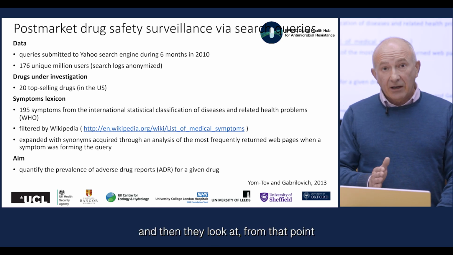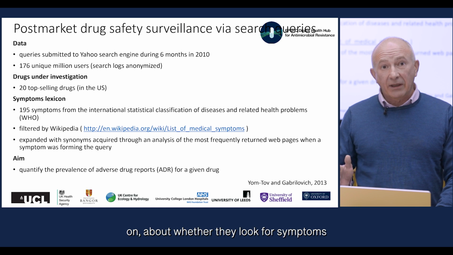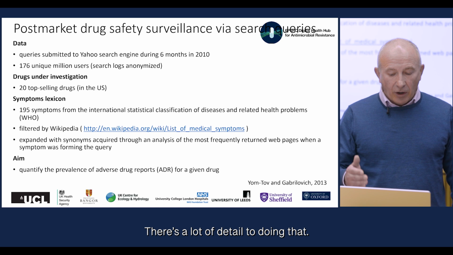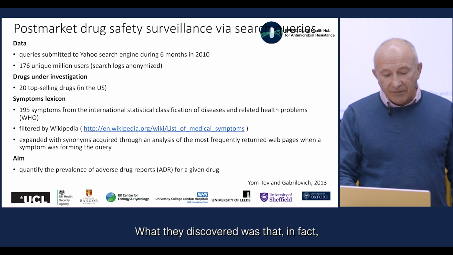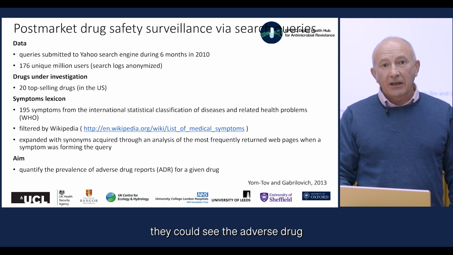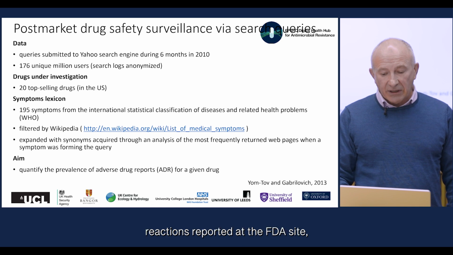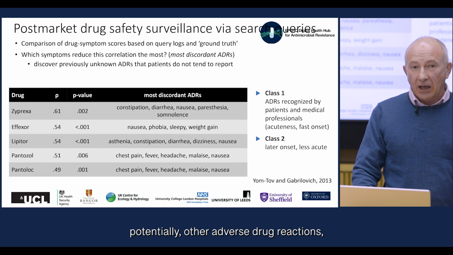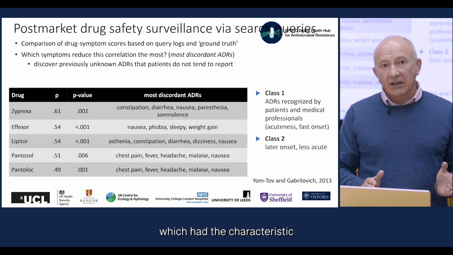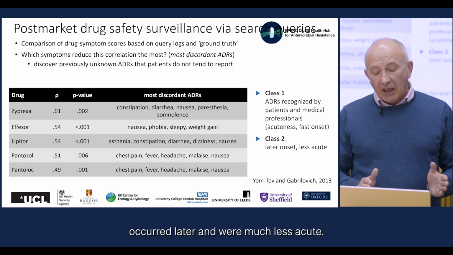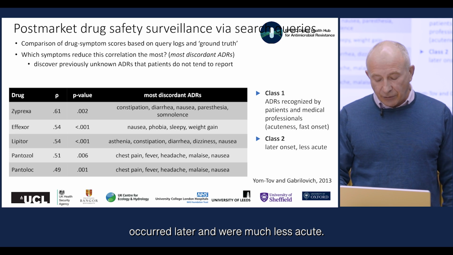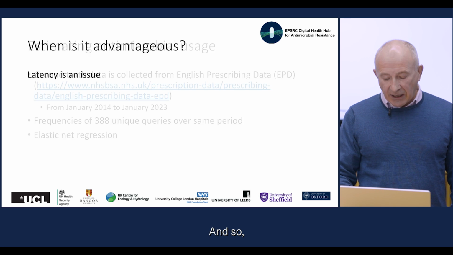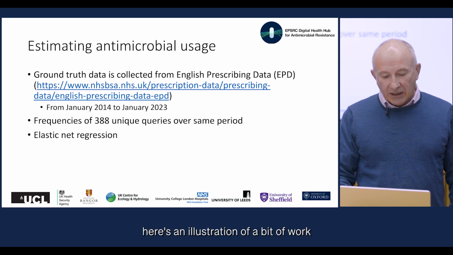And then they look from that point on about whether they look for symptoms that might suggest an adverse drug reaction. There's a lot of detail to doing that. What they discovered was that in fact they could see the adverse drug reactions reported at the FDA site, but they also discovered some potentially other adverse drug reactions which had the characteristic that these drug reactions occurred later and were much less acute.